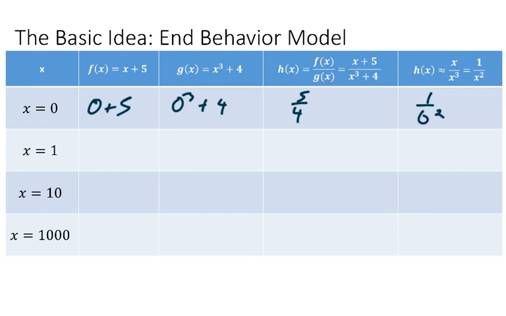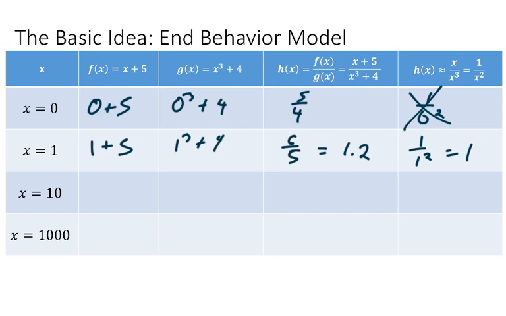Now we're going to do 1 plus 5 over 1 cubed plus 4, which ends up being 6 over 5. And in this case, it would be 1 over 1 squared. Hey, 6 over 5 is 1.2, and this is just 1. So these are in fact kind of close. The earlier ones weren't, because of the vertical asymptote stuff.